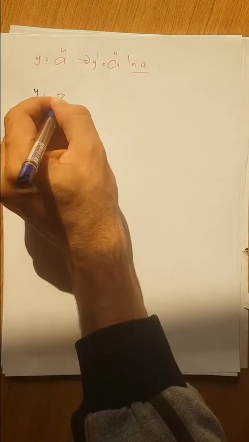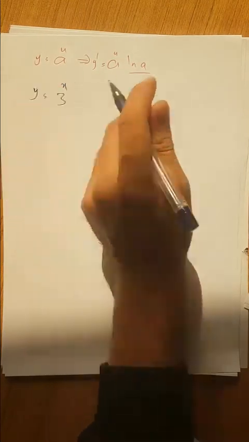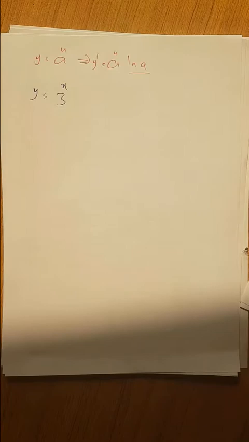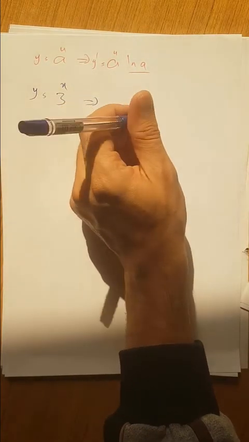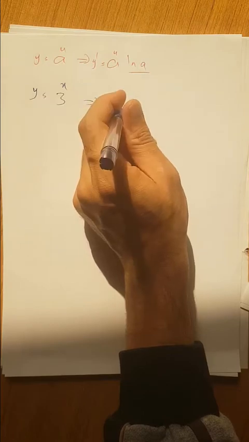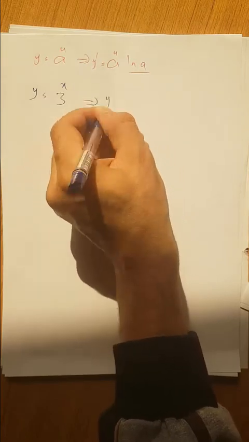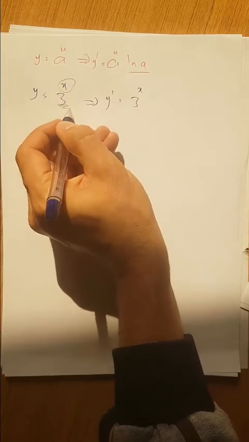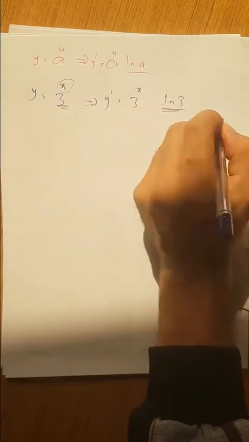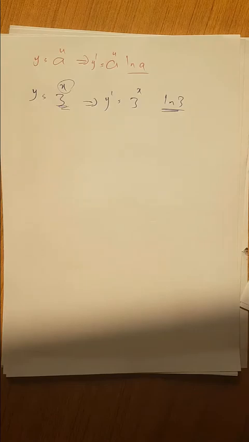For example, you have y equal to 3 to power x, not e to power x, but 3 to power x here. In that case y prime will be itself, and do not forget about the ln of the base, ln of 3. So that's all that you need to know.